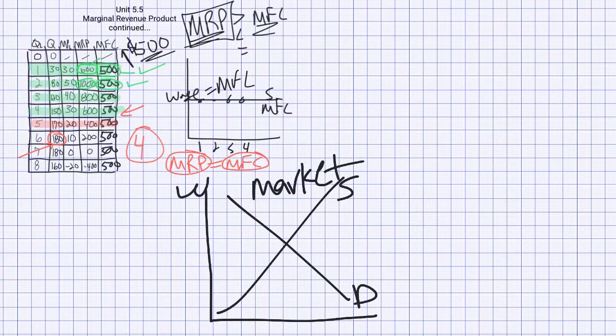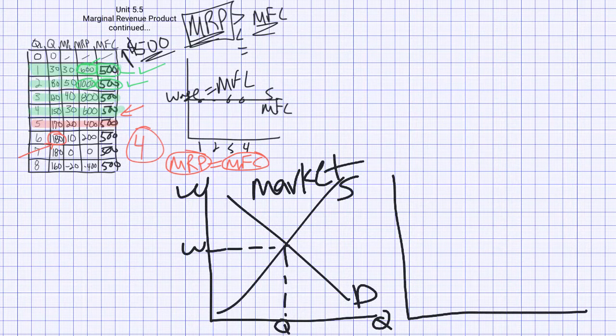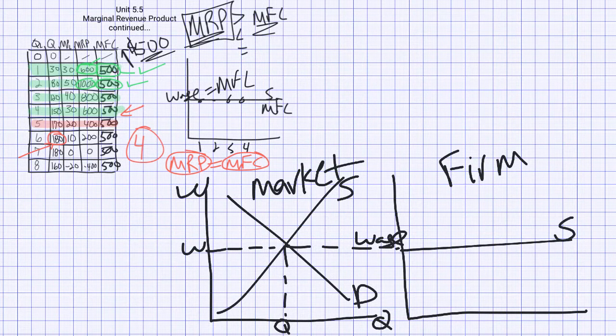We have wages and quantity of workers, and an equilibrium wage and an equilibrium quantity. Then we said there are firms in the perfectly competitive market that hire those workers. Those firms are wage takers. This is the wage that's set by the market. They take that wage and they have a perfectly elastic supply curve, which is the same as the marginal factor cost for the firm.